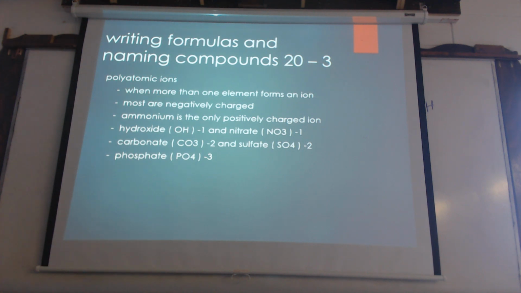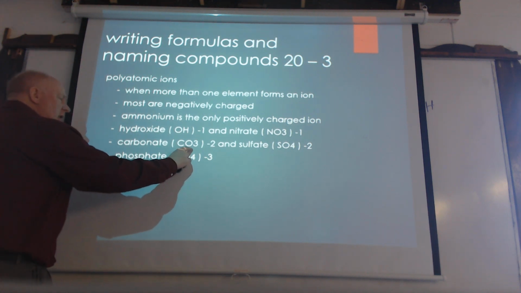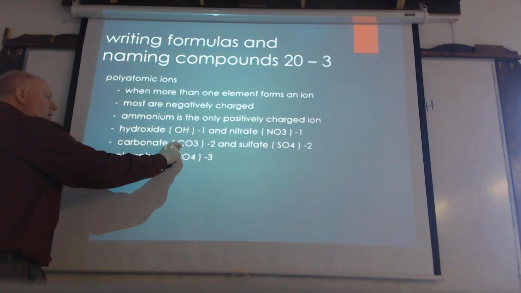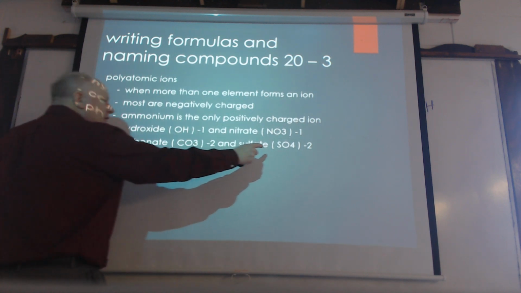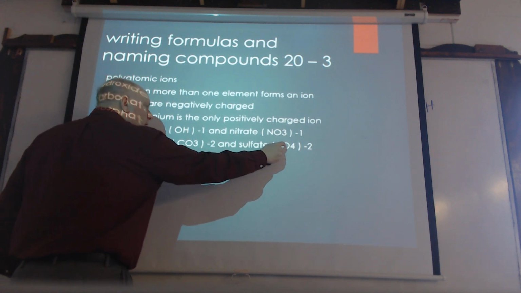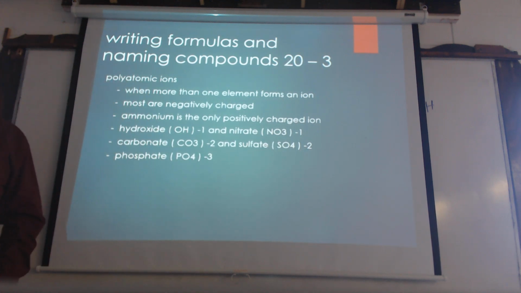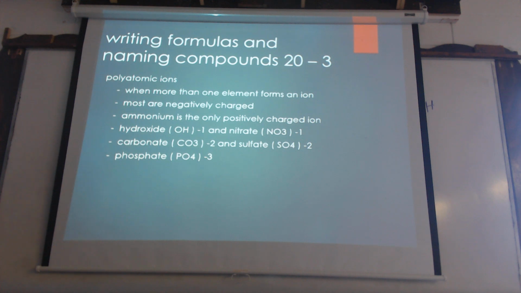Carbon typically forms a +4 charge. Sulfur can be +6 or +4, but you don't need to know that. We're just telling you what that is. Because typically they form negative charges, but if it's in a polyatomic ion, it can form a positive charge.